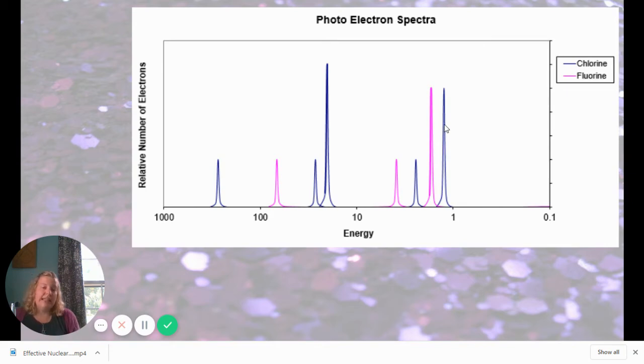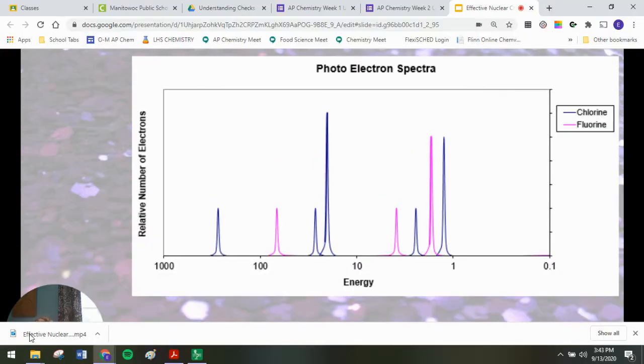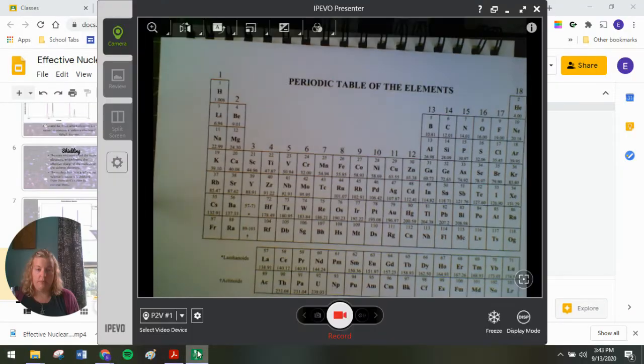The energy it takes to remove the valence electrons, in this case the p electrons from chlorine, is less than the energy it's going to take to remove the electrons from fluorine. And that has to do with the electron shielding. So we are going to take a look at that in terms of its diagram, and I will show you what's going on with that.